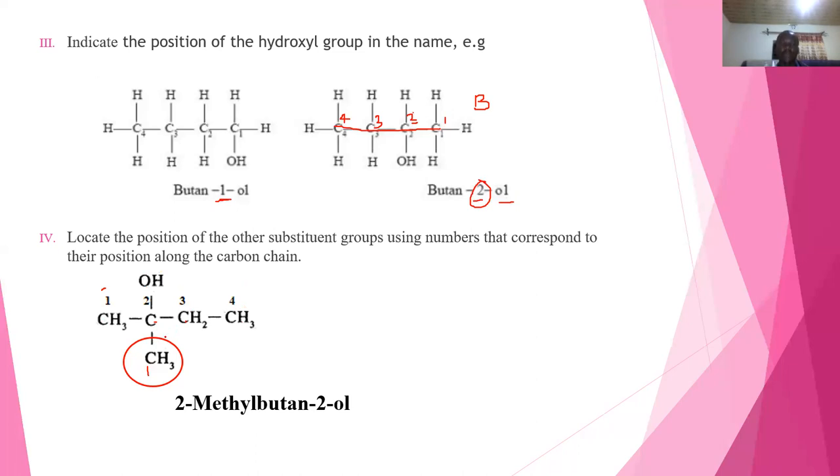Now, if you check this one, we have a substituent. If you begin from this side, 1, 2, 3, 4, there is a substituent, which means there is a branch. This branch is an alkyl group, because one hydrogen atom has been replaced by a covalent bond.